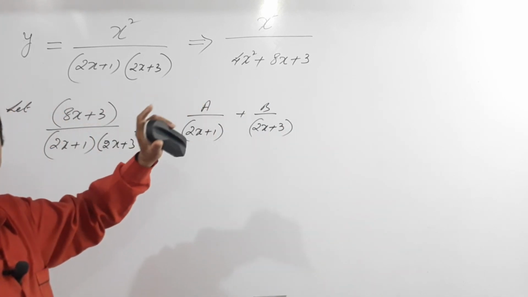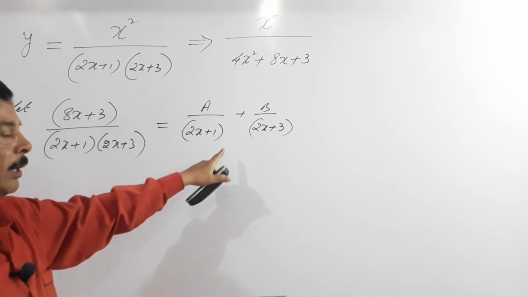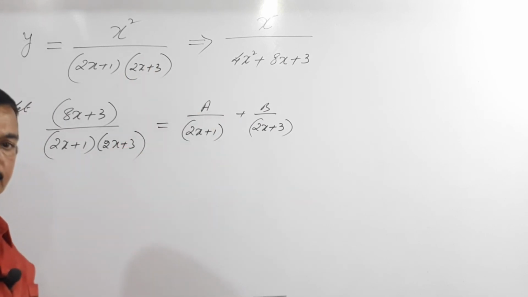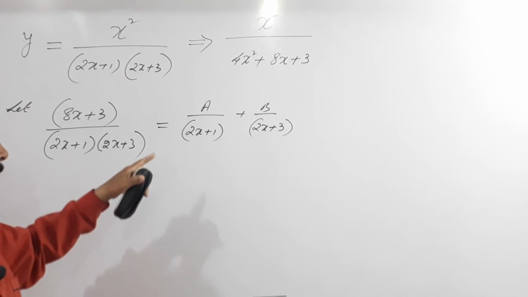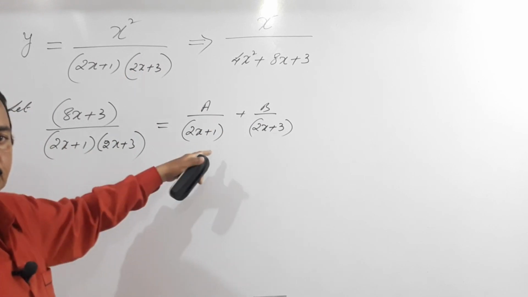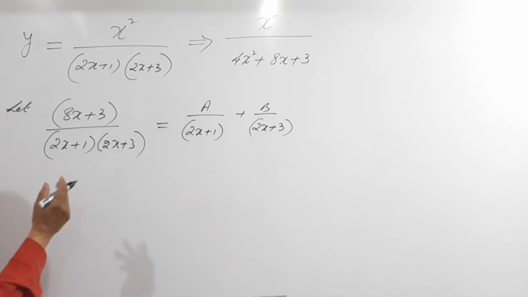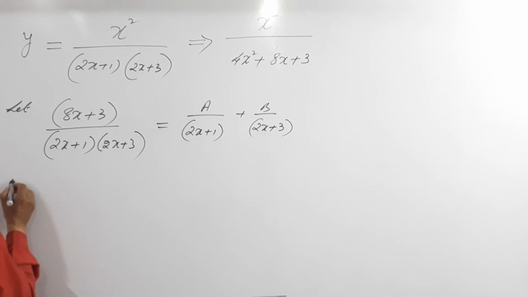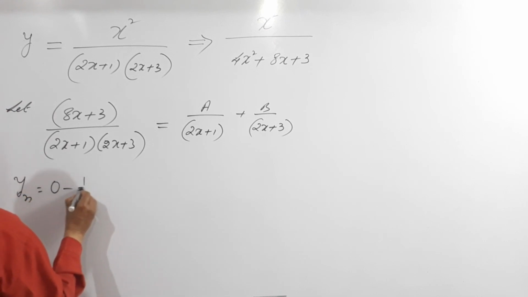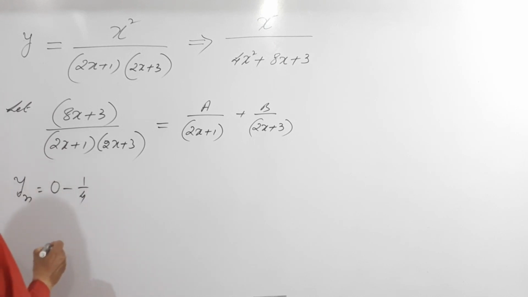So before rubbing, in the beginning stage I had written this. Later on you followed some steps and I had rubbed it off. So I am trying to get you back to this position. So yn equals 0 minus 1 by 4, done.